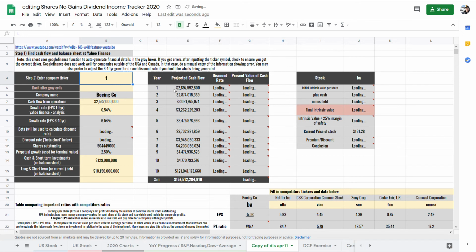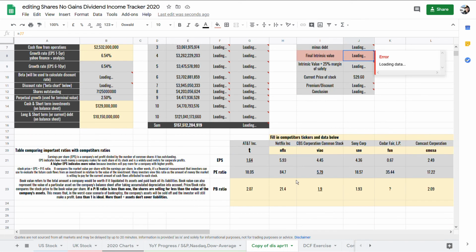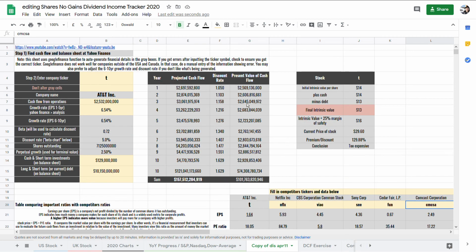So this is supposed to tell me the final intrinsic value, which should be worked out here. And then I can compare it with its industry partners and see how they're doing. So I input their stock here, and it's mostly all automatic.